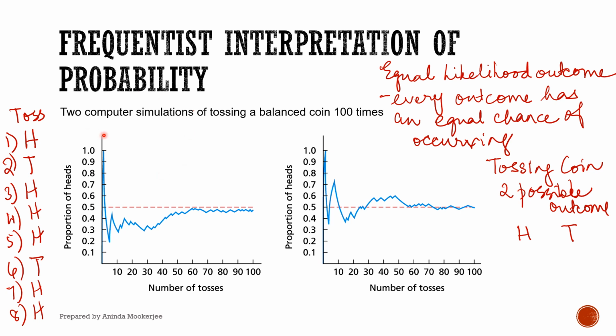So what they did here, they put together two computer simulations, the first one and a second one here, to see the proportion of heads, whether we get 50% of the time. Now 0.5 is the mark, the probability, the proportion that we should be expecting from this graph. Along the x-axis, we have the number of tosses. Along the y-axis, we have the proportion of heads that we are getting.